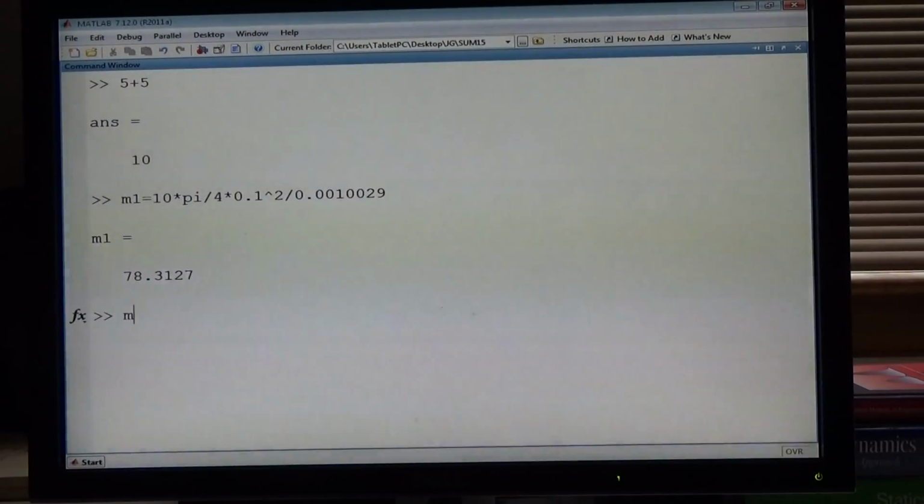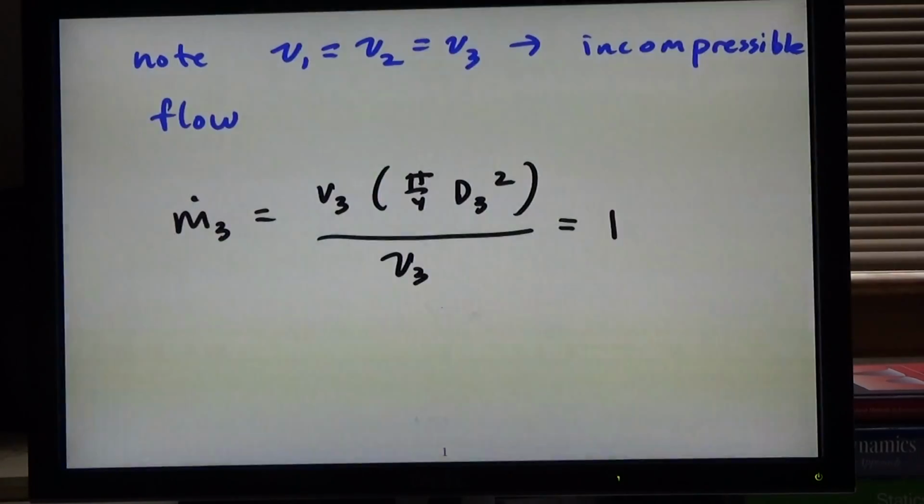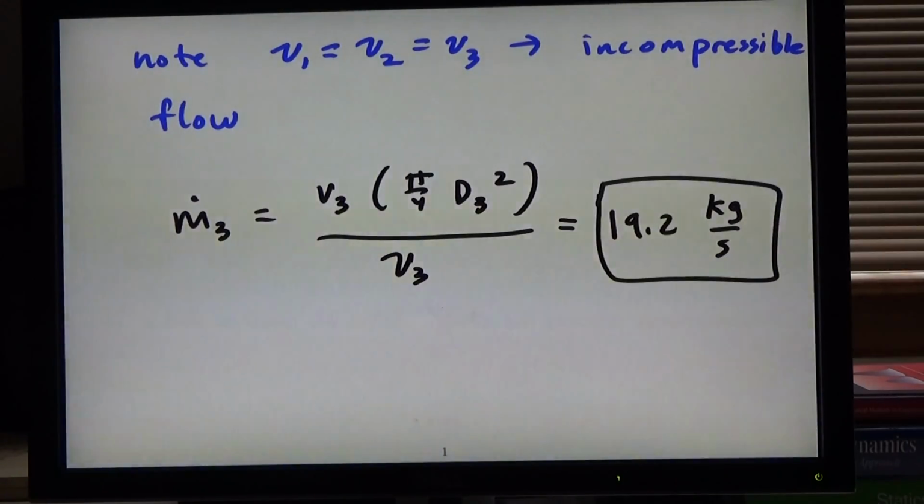We get that m dot 3 is equal to V3, which is 5, times pi over 4, times d3 squared, which is 0.07 squared, divided by that same specific volume, 0.001029. So mass flow rate at outlet number 3 turns out to be 19.2, and our units are mass per unit time, kilograms per second.